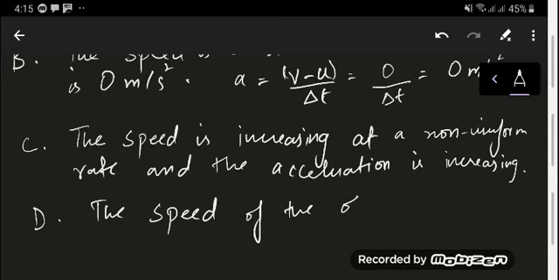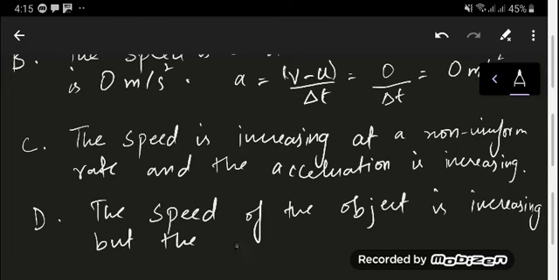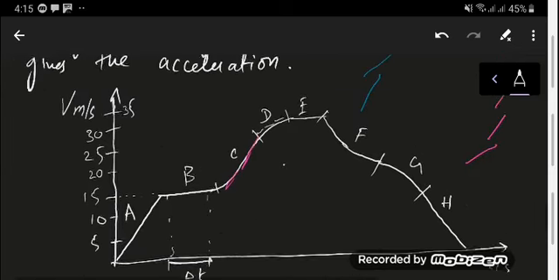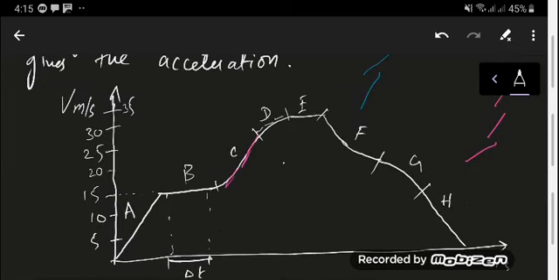The speed of the object is increasing, but the acceleration is decreasing. This is another example of non-uniform acceleration. The gradient is decreasing. For the E part, again, the object is moving with a constant speed.